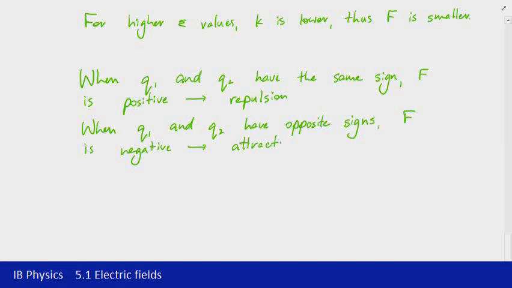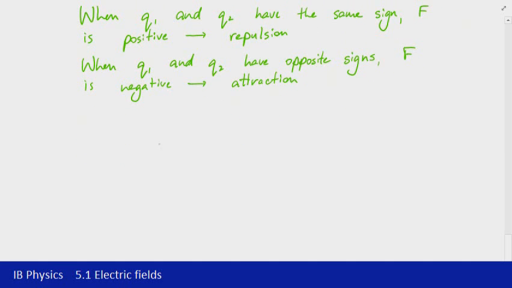Now be careful here because this is only dealing with the force itself. If we have two charges positioned at a certain distance apart and they're both positive, repulsion on the charge on the right means that it's to the right, but repulsion on the charge on the left means that it's to the left. So the sign means the direction of the force compared to the other charge.